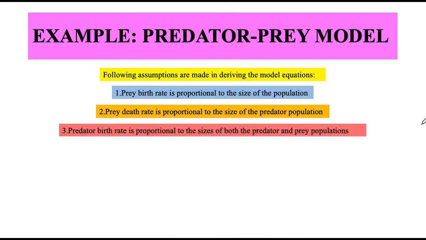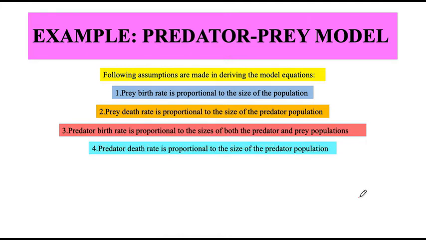The third assumption we make is that the predator birth rate is proportional again to the size of the predator and the prey population, because when they are in contact with each other they have food to eat and then they could multiply, and the predator death rate is proportional again to its own size.